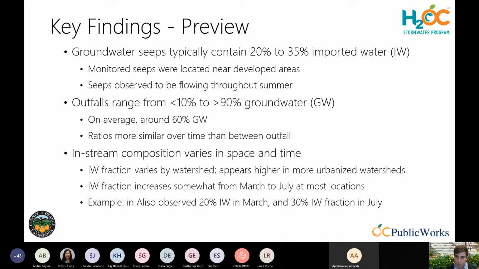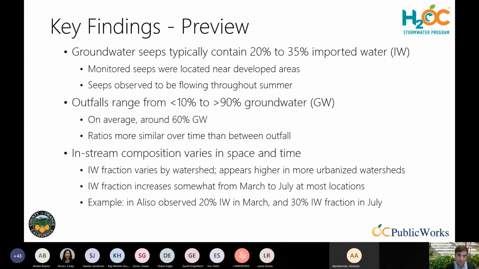Likely pathways would be irrigation that seeps below the root zone of lawns and other vegetation and then enters the groundwater table. So we know that the groundwater is predominantly rainfall derived, but has a significant signature of imported water as well in these urbanized areas.